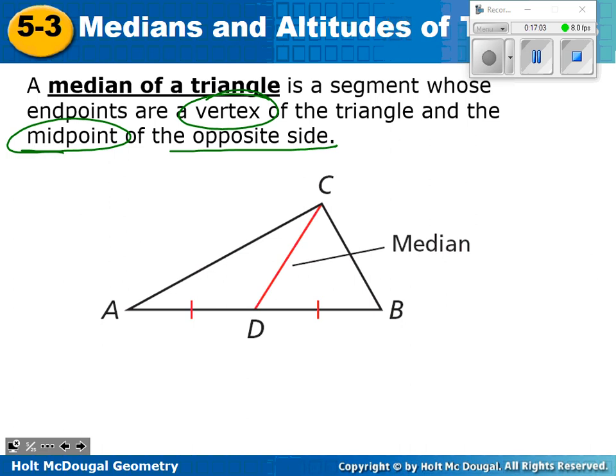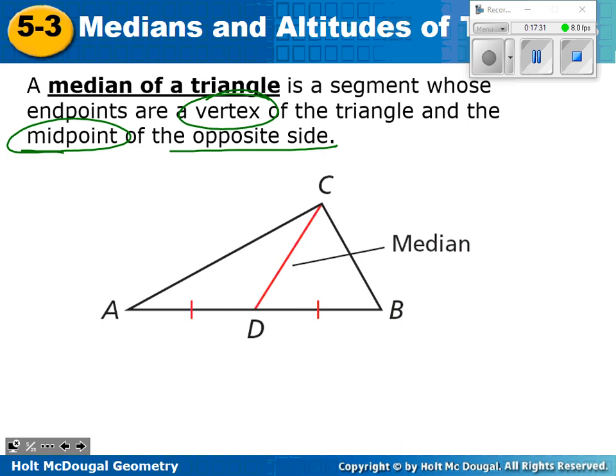About where you think the midpoint is, vertex to midpoint. And if you do it correctly, they should all intersect at one common point. Now, since we're just estimating, yours may not quite all cross at one point, and that's okay, but just fudge it a little bit until it does look like it's all at one point. If you used a ruler and really measured the midpoints, then it would intersect in one common point.